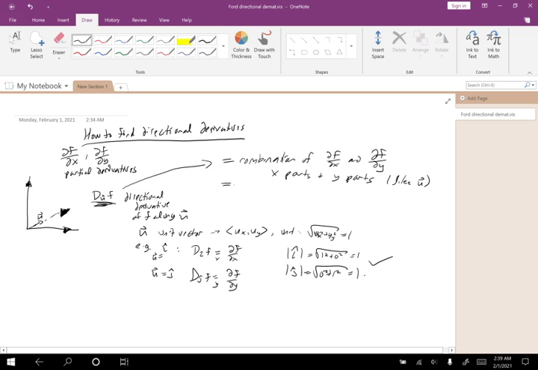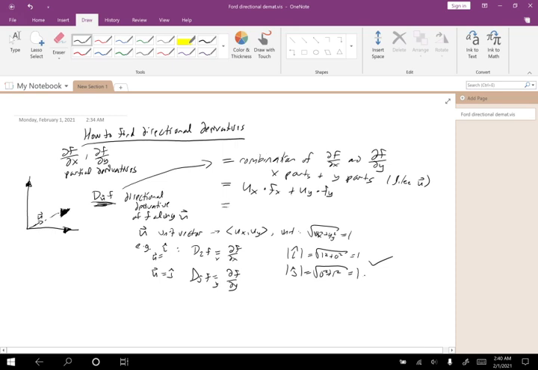It turns out you do the exact same weightings. So you do ux times fx plus uy times fy. The direction tells you how much of fx to include.